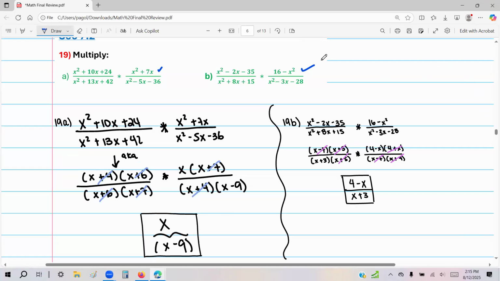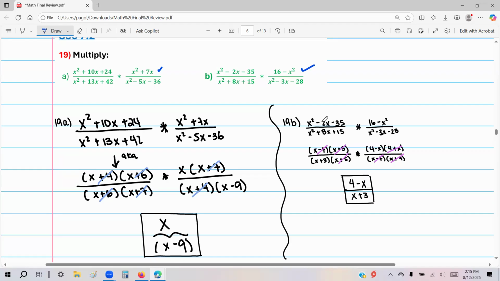So it's not x plus 4, x minus 4. It's 4 plus x, 4 minus x, because 16 is coming first. So whatever you have first has to be first in your conjugates. Factor 16 minus x squared, you get 4 plus x, 4 minus x.